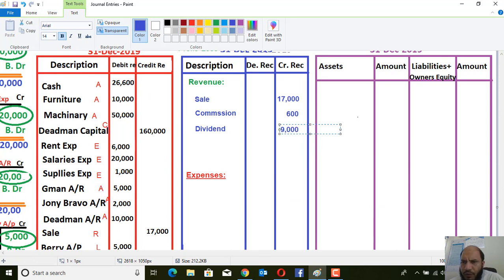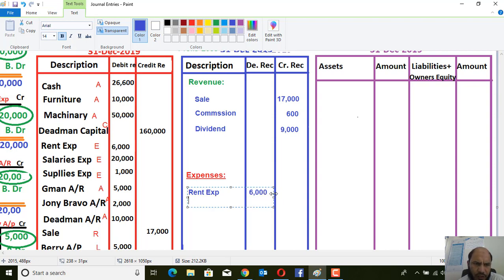Okay dear students, now let's record all the expenses. So we have some expenses accounts. The first expense was the rent expenses, and the amount was 6,000.